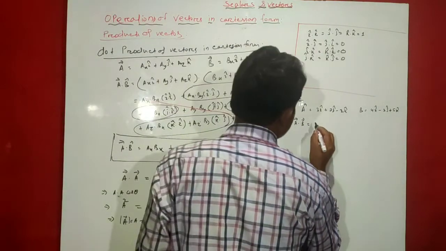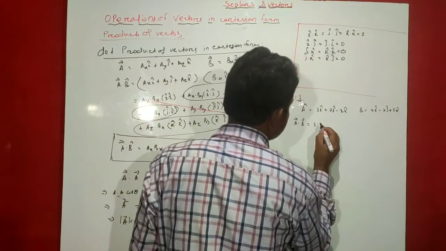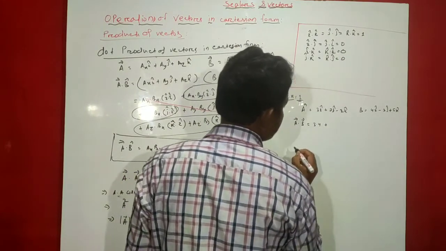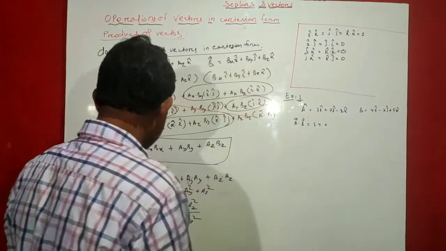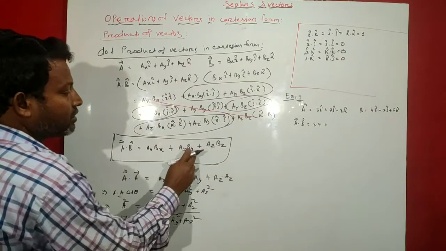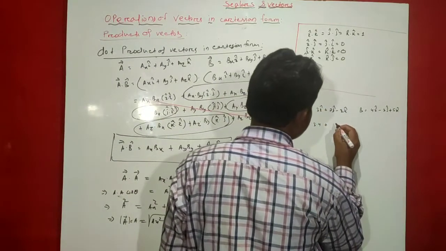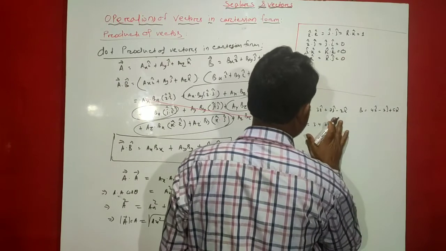Here ax is 3 and bx is 4, and the formula is ax into bx, then ay into by, then az into bz.